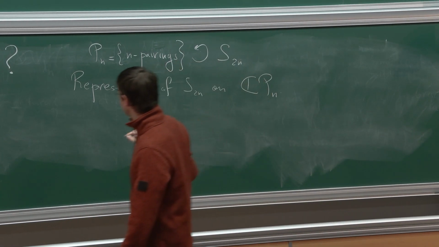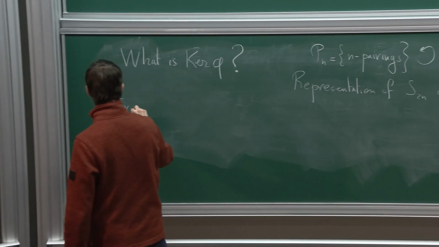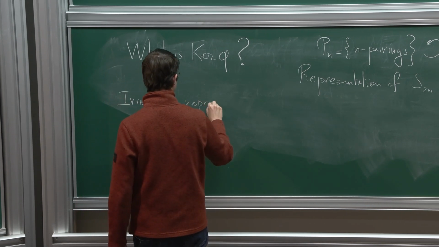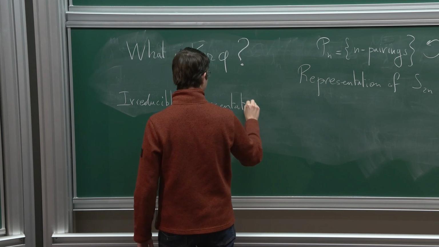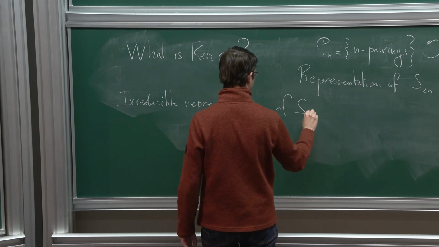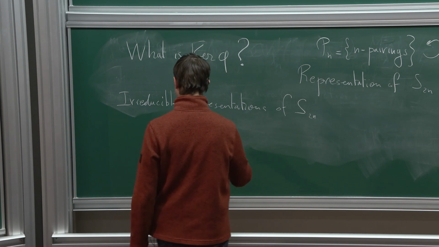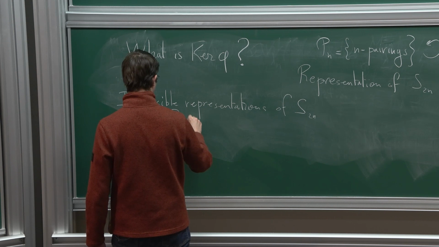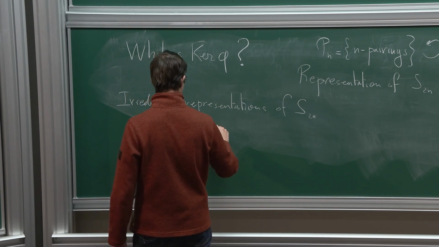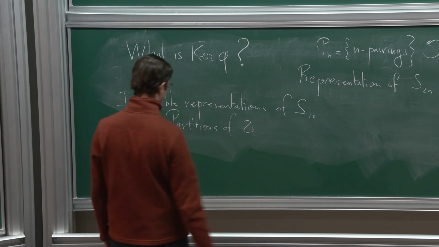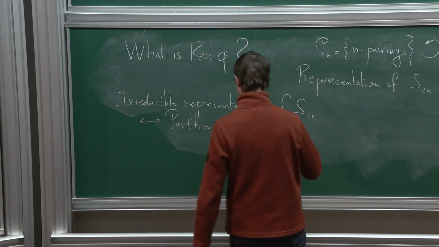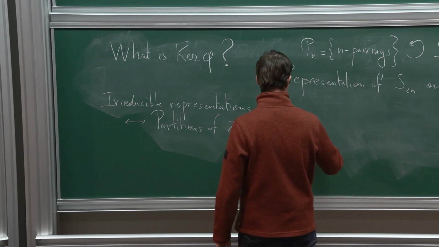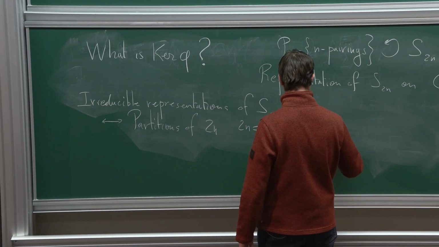So here I recall that irreducible representations of the symmetric group, so here it's on 2n letters, are in natural one-to-one correspondence with partitions of 2n. So a partition of 2n is one way to write 2n as lambda_1 plus ... plus lambda_l, let's say.